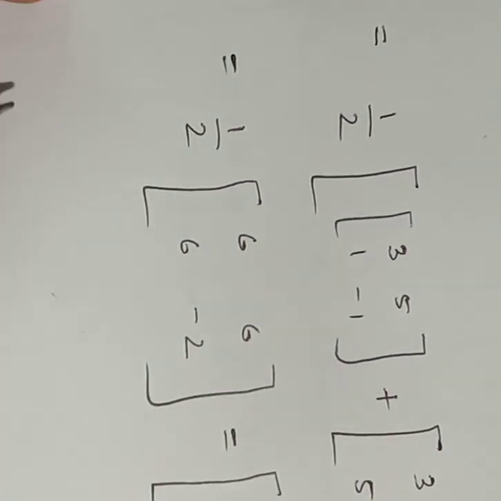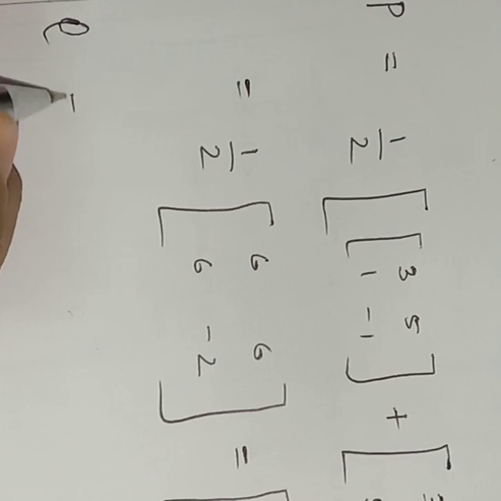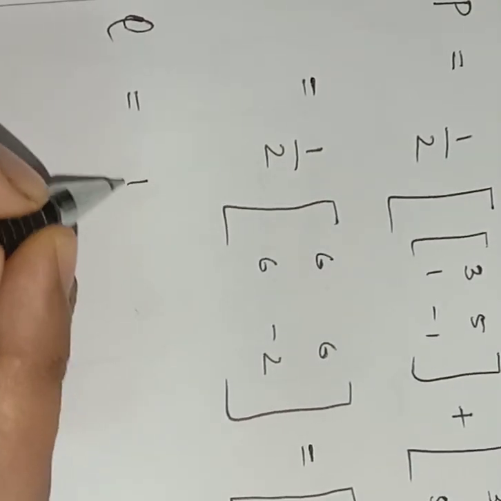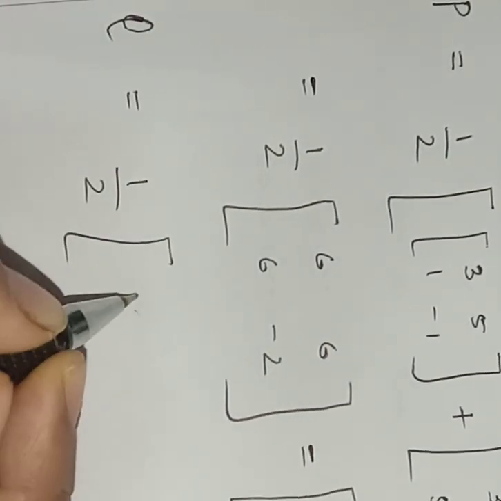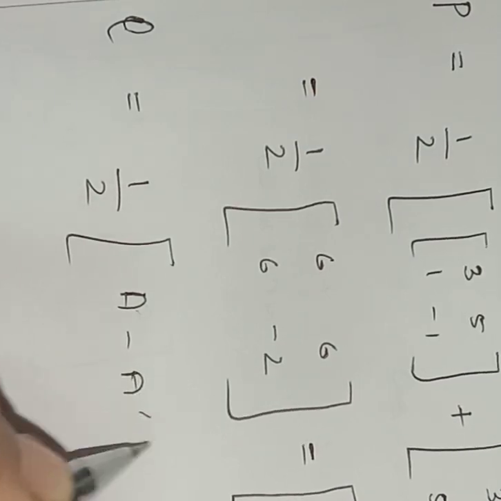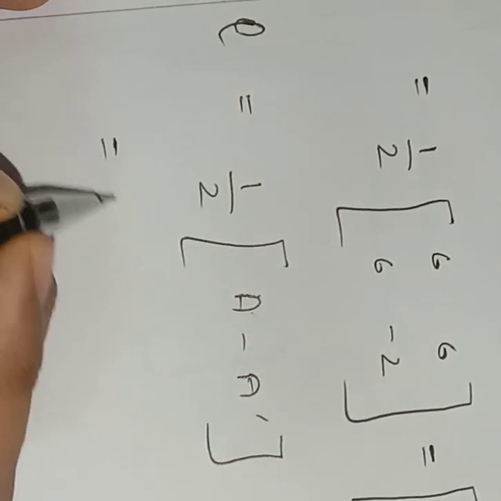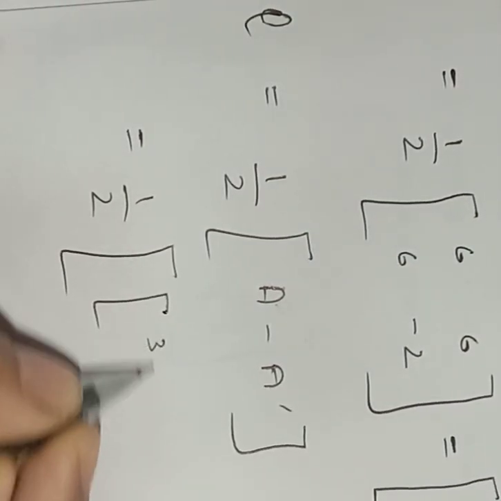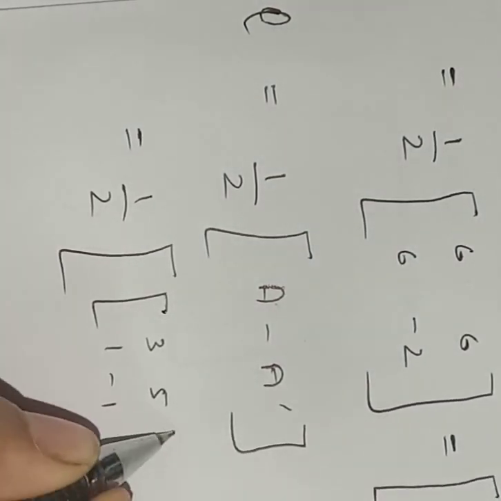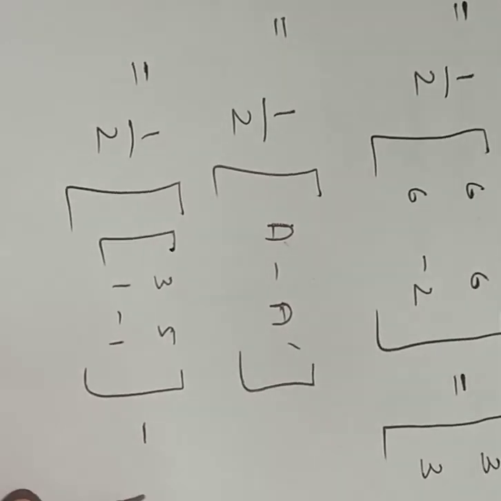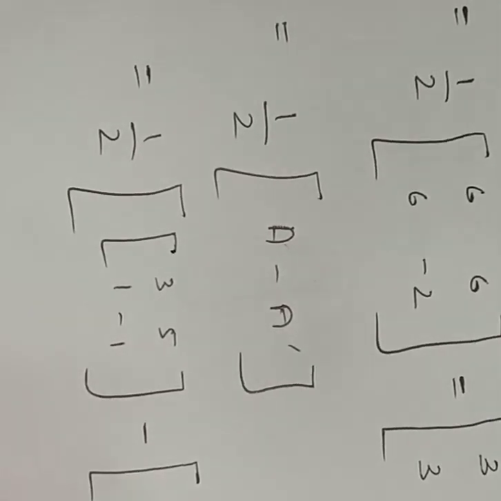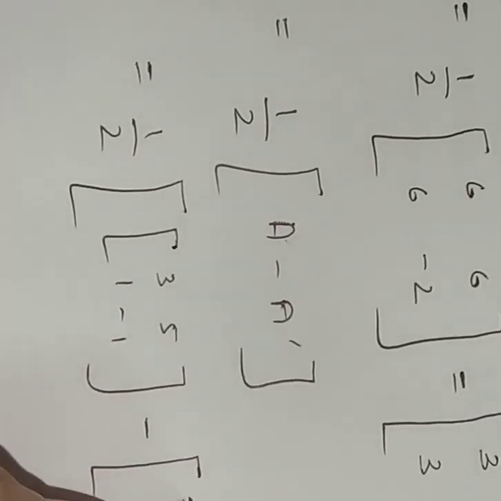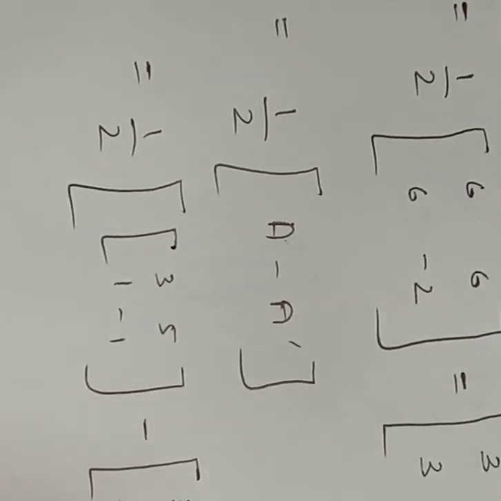This is your P, that is the symmetric matrix. Now we want to find Q. So Q is nothing but half A minus A dash. So half, what is your A here? 3, 5, 1, minus 1. What is A dash? A dash value is 3, 1, 5, minus 1.